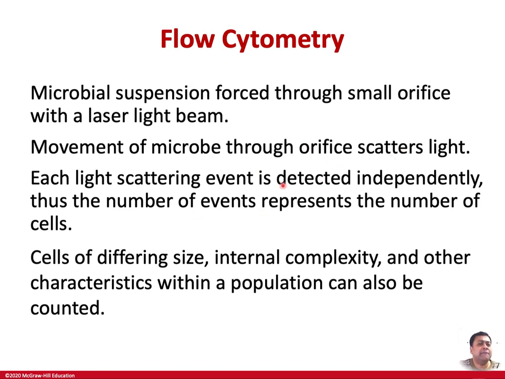Each light scattering event is detected independently, and the number of events represents the number of cells. Cells differing in size, internal complexity, and other characteristics within the population can also be counted. So you can label a certain type of cell with a certain type of fluorescent dye, with multiple colors depending upon cell type, and you can use those to even separate them with flow cytometry, and also count them.